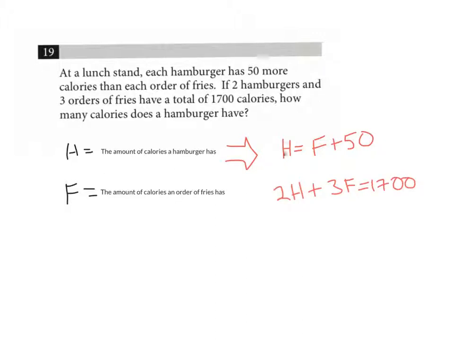And this is a system of equations where substitution is going to be fantastic. We already have H equals F plus 50, so I could plug in F plus 50 here and take it from there.